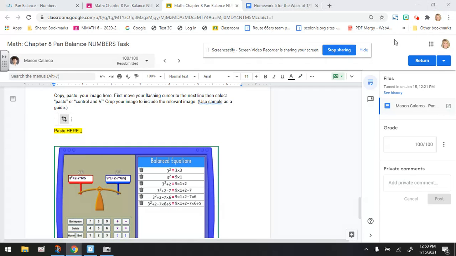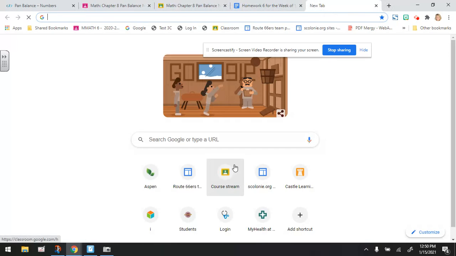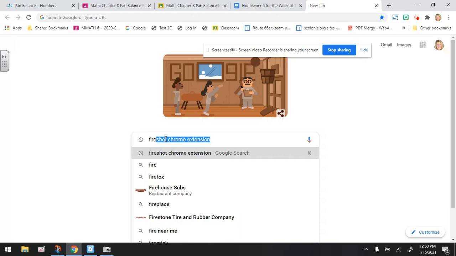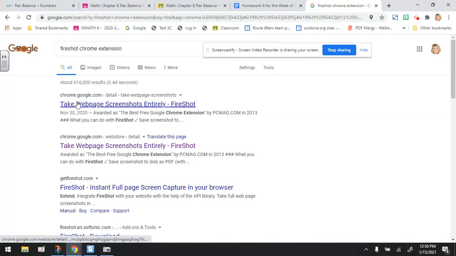Now, another tool that you might want to look into that I use all the time, I'm not sure if you can get this on yours, but I have something called Fireshot, which is a Chrome extension. So for those of you who are interested in seeing if you can get that, now again, I don't know if your school account will permit this, but if you just do a Google search and just put in Fireshot Chrome extension, and you go to the Chrome store and see if it'll let you add it.